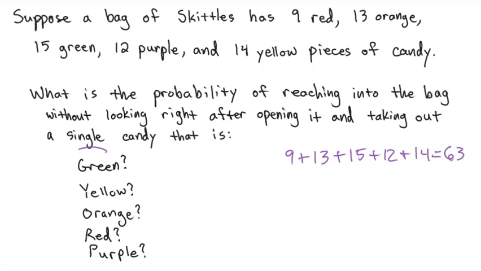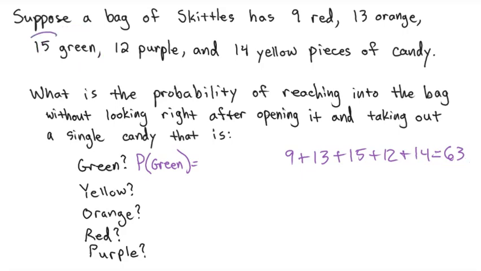So we want to know the probability of grabbing a green candy. Here's how we would write it. We write a capital P, open a parenthesis, write green, close it, equals. This is saying the probability of a green candy, and it's how many green out of how many altogether.